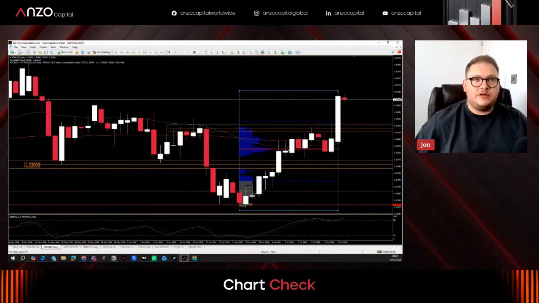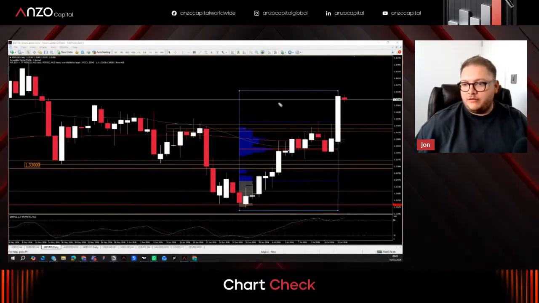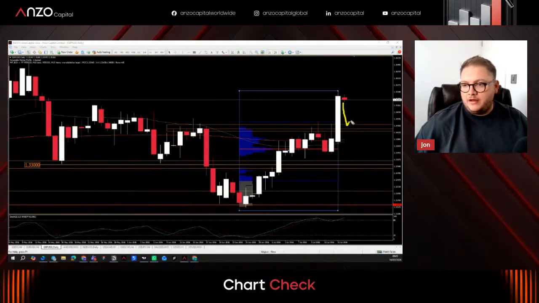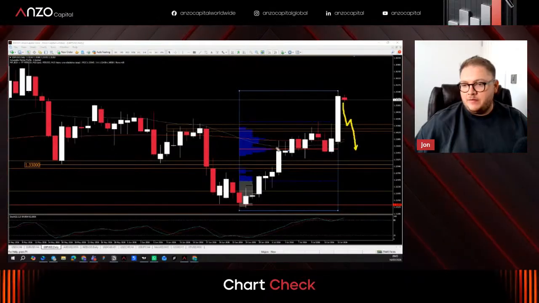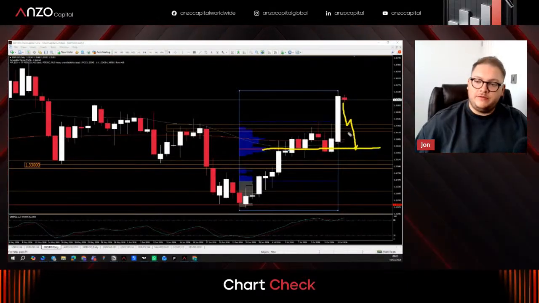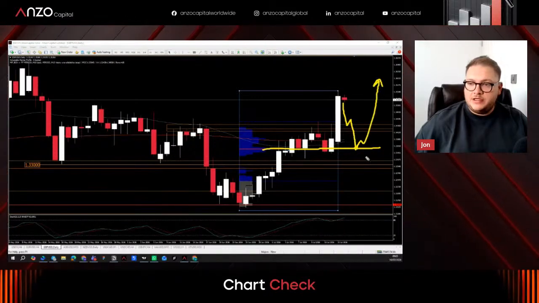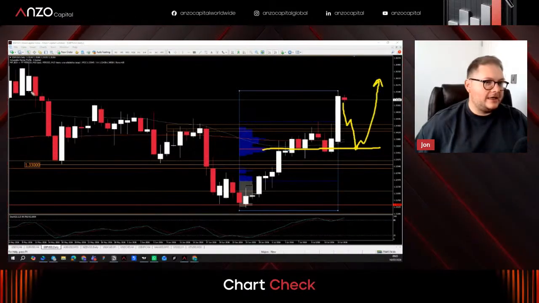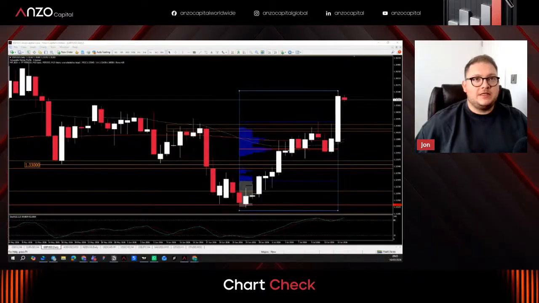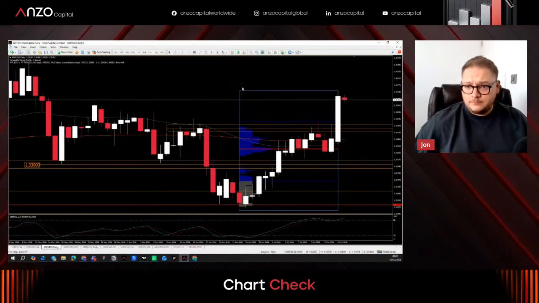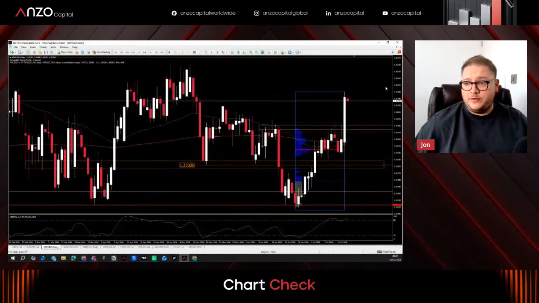For instance, if price does pull back, break through the value area high and trade a little bit lower, maybe we could look for longs around that point of control at 133.50 for a continuation to the upside there on cable. So I really like this market still for a long. I just wanted to point that out because yesterday we spoke about it.